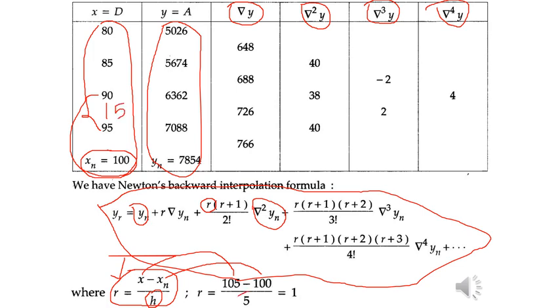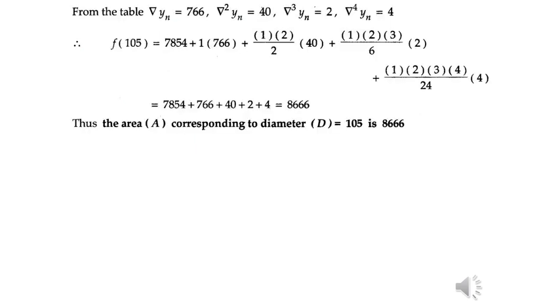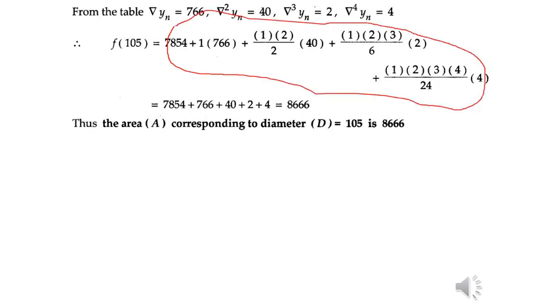So we put in the place of h 5 and simplify to get the value of r as 1. If you put all those values in the RHS of the formula, and simplify using your scientific calculator, you will get the required area as this value. So you can write the conclusion as, thus the area of a circle whose diameter is 105 is 8666.